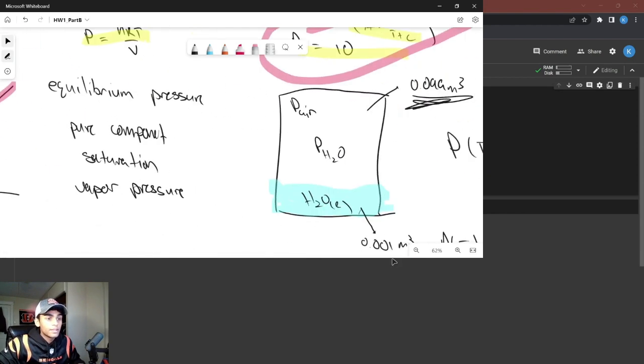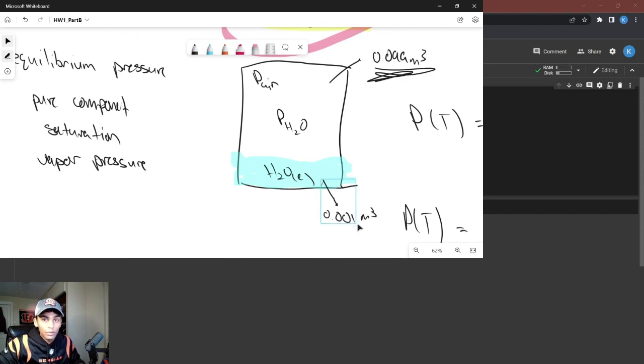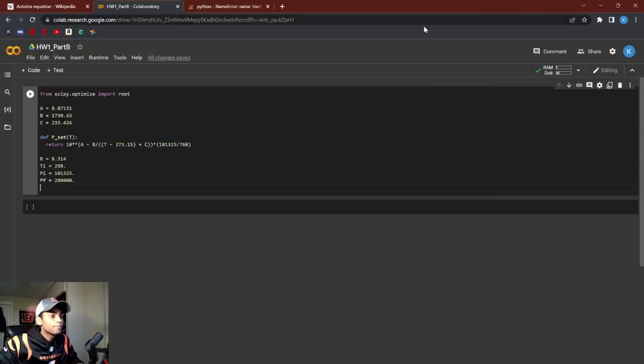So if that is 0.001 meters cubed, then of course the volume of the vapor is going to be 0.099 meters cubed, just making sure that we're getting to that full 100%. And so VVAP is going to end up as 0.099 meters cubed. So that's another constant that we can put in there.